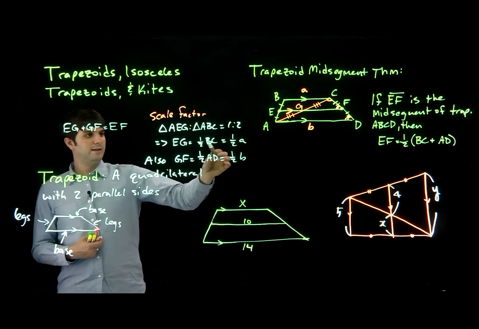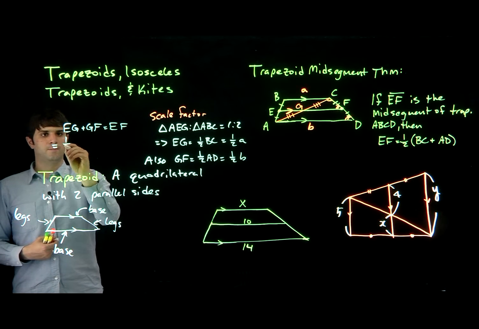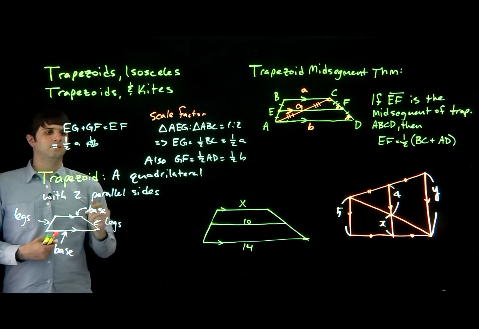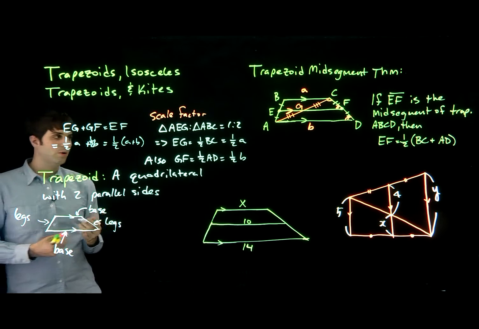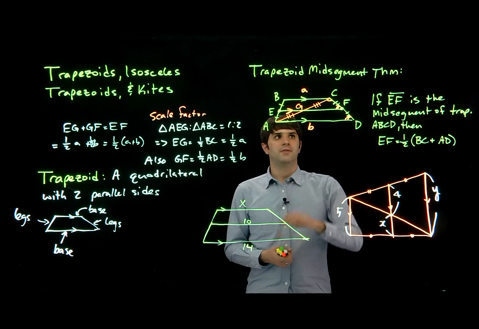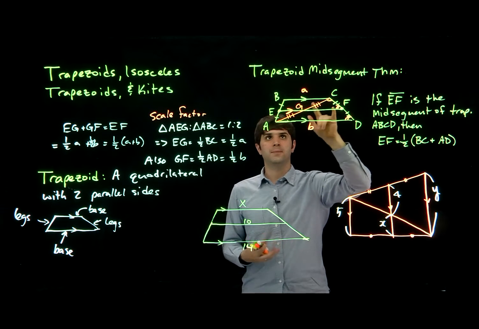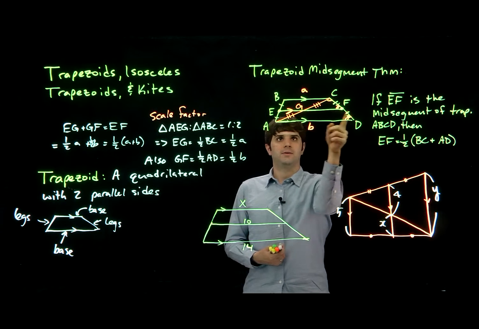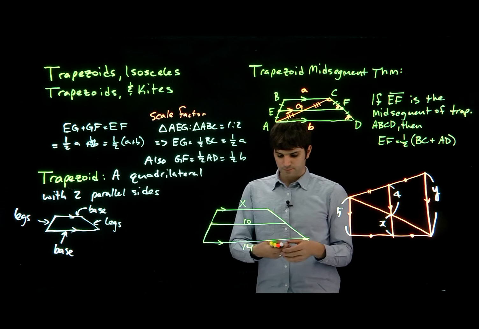Well, that is equal to 1/2 A plus 1/2 B, which we can write as 1/2 (A plus B). And so this is proved: this line is equal to half of the sum of the bases. You add the bases, divide by 2, and that's the distance of the mid-segment. Okay, so let's look at some problems.